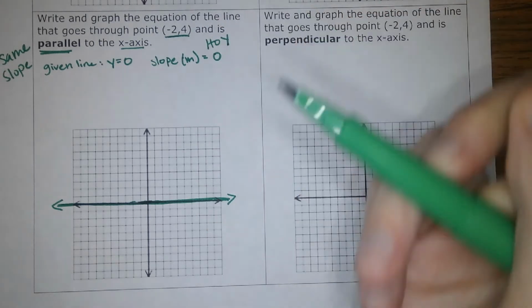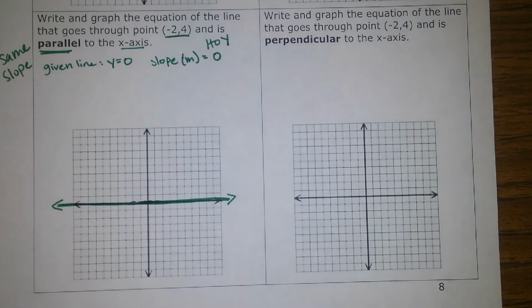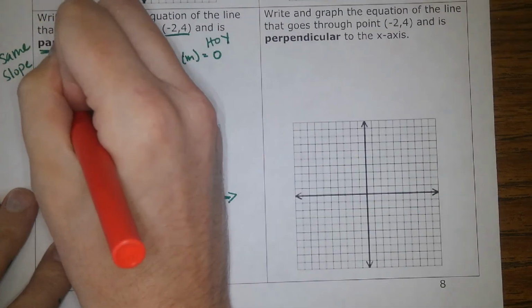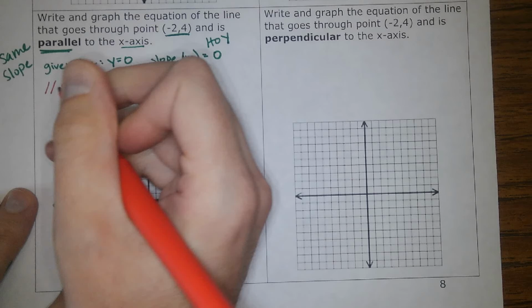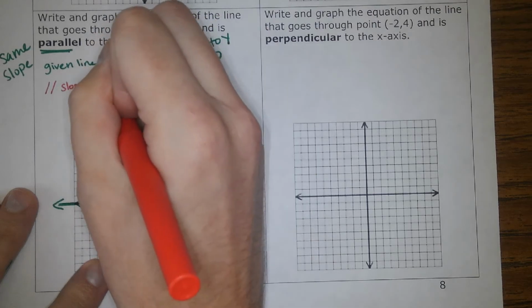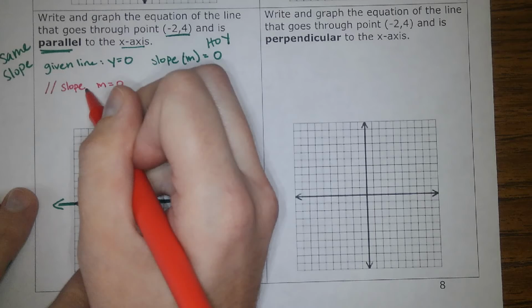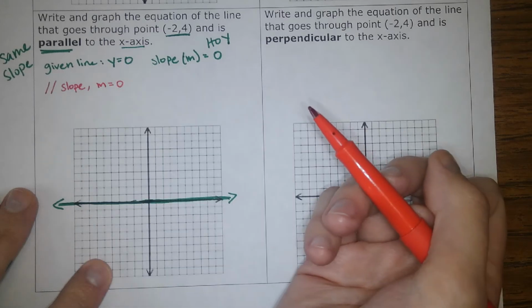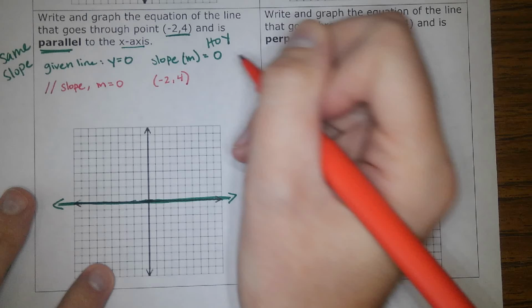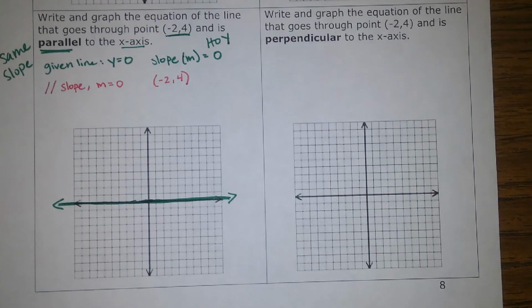That means the slope of our parallel line, the m, will also be equal to 0, because remember they have the exact same slope. All right, but it goes through the point negative 2, 4. Now guys, here's the thing. We don't actually have to do a bunch of math to get the answer to this, because check it out.